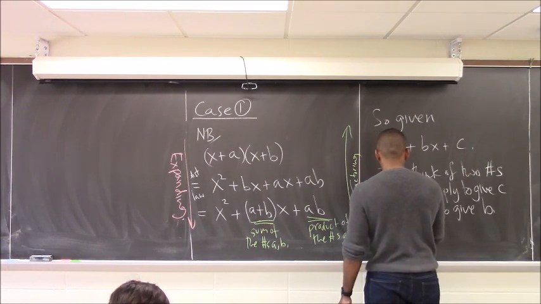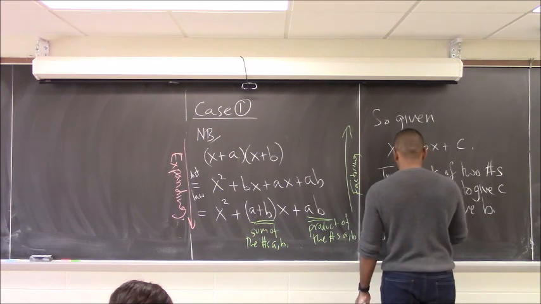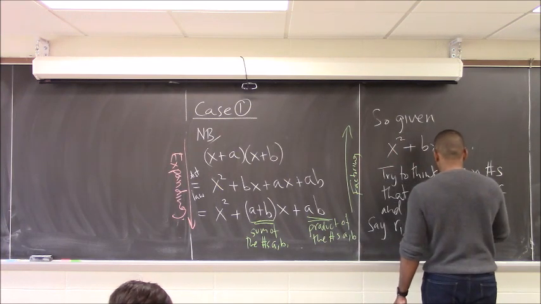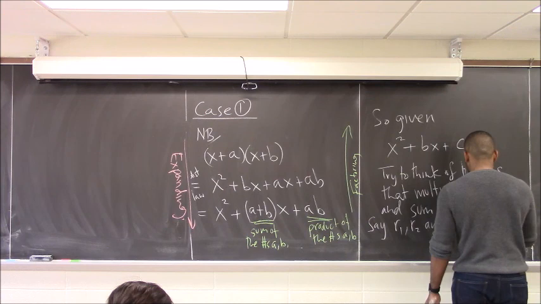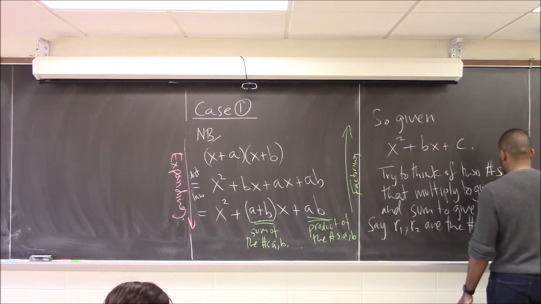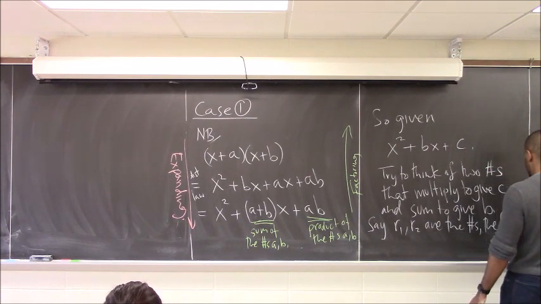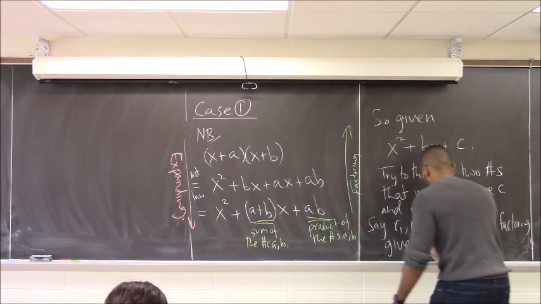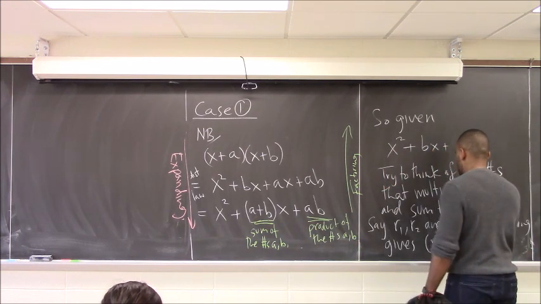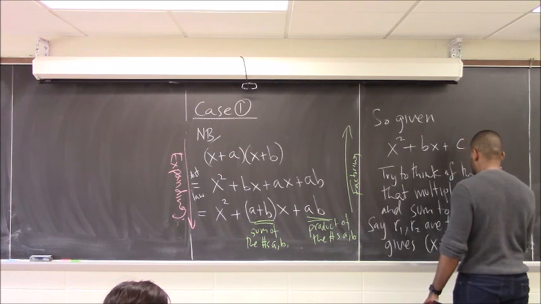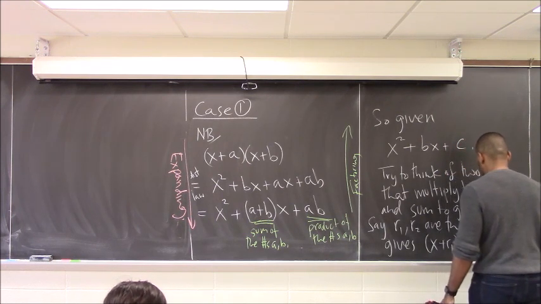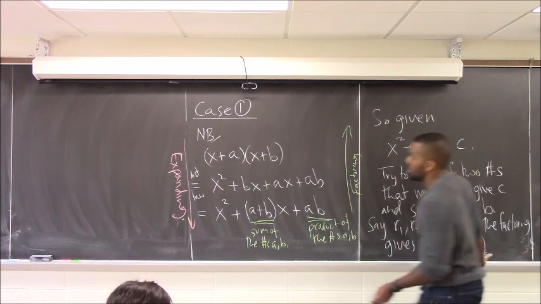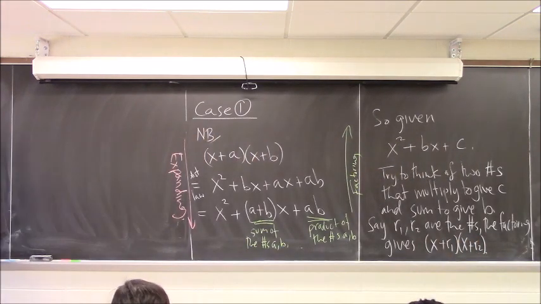Say r1, r2 are the numbers, then factoring gives x plus r1 times x plus r2. Let's just do a few examples to explain what I mean by that phrase.